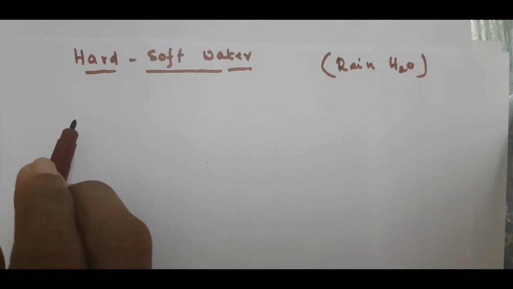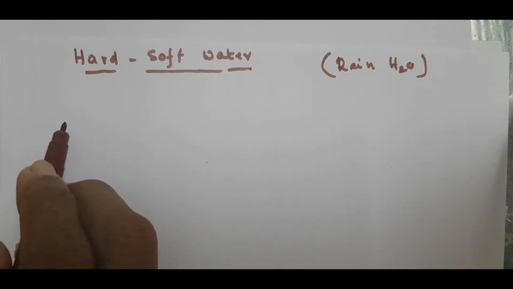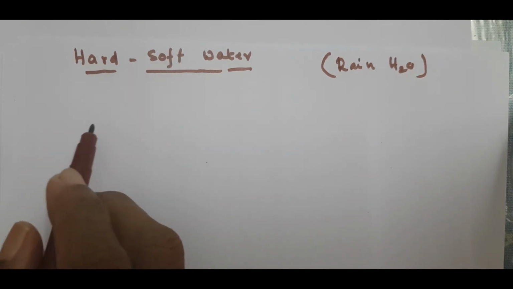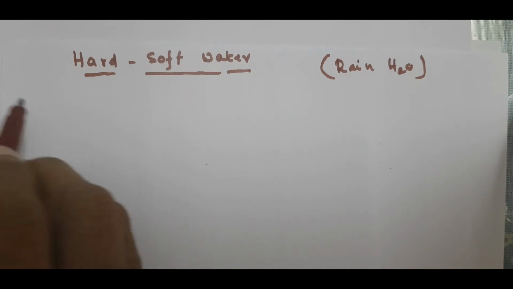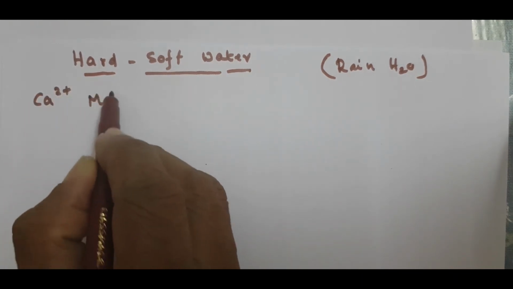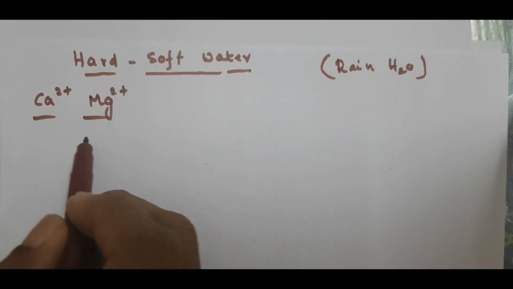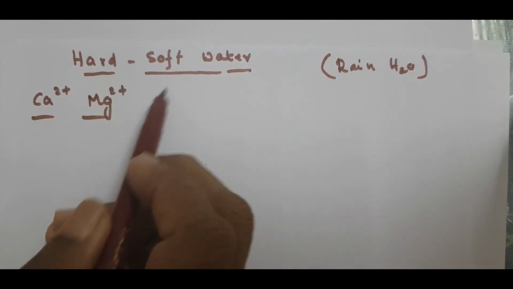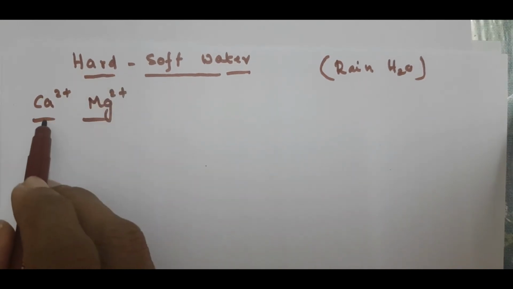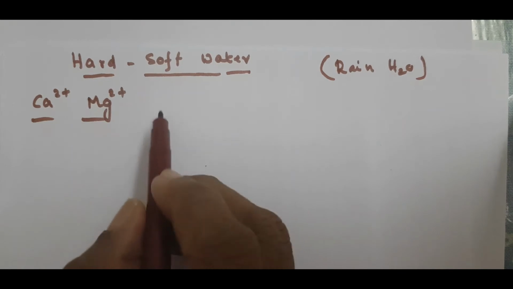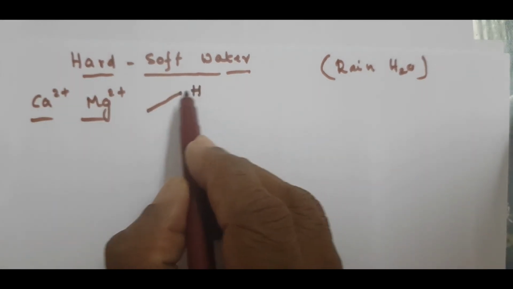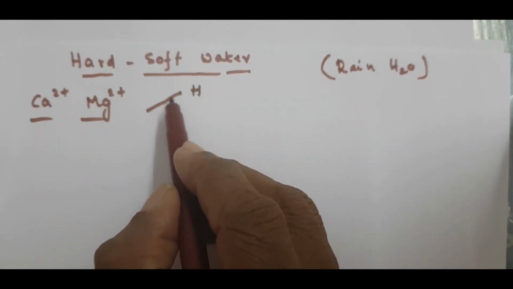Now see, how water becomes hard water is mainly due to the presence of calcium and magnesium ions. The differentiation between hard water and soft water is that hard water contains calcium and magnesium ions in the form of salts. In the form of which salts?